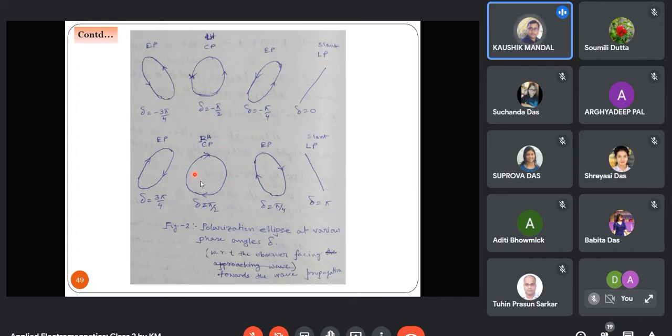So this is the case of RHCP. So the two conditions of circular polarization are that delta should be plus or minus pi by 2 and the two components Ay and Ax will be equal. That's why the corresponding ellipse becomes a circle.